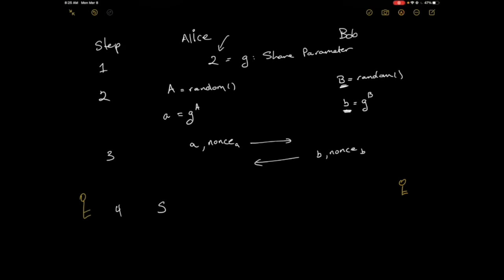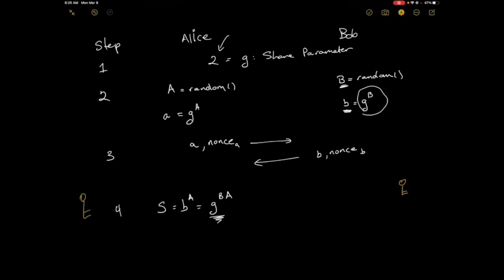The way the shared key is calculated is we take Bob's public key and raise it to Alice's private key. If we think about what Bob's public key was, it's G to the B. So if we substitute that, we'll get our generator G to Bob's private key times Alice's private key.